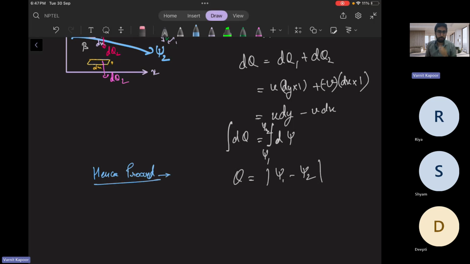Okay, now what is the relation between these equipotential lines and constant stream function lines? The lines which have the same potential are perpendicular in the flow net.